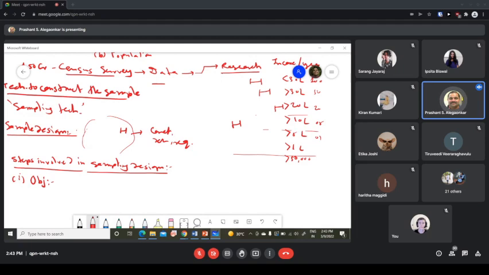It should be clear and concrete in terms of its definition, its goal, and its description. Then the sponsor or the researcher of the survey should confirm that the objectives are commensurate with budget, manpower, and time.